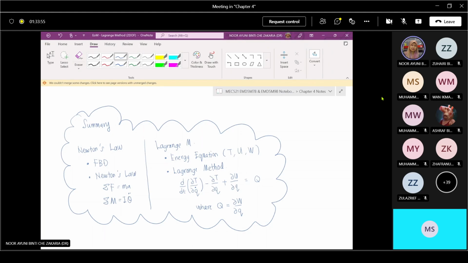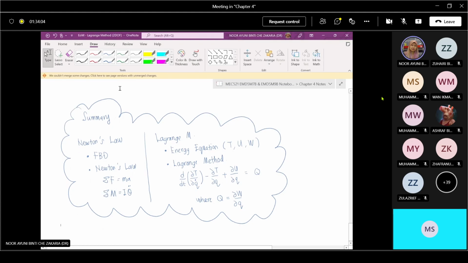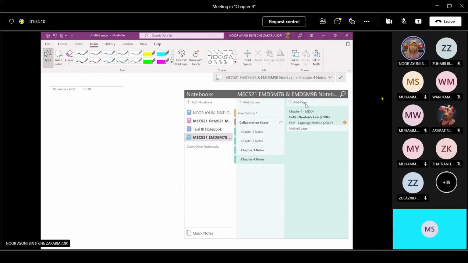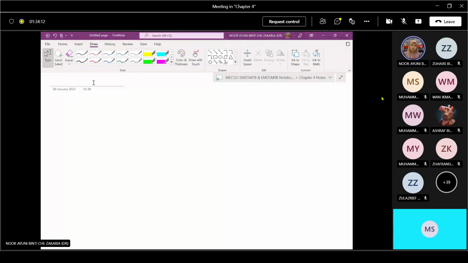Okay, so I put a new notes lah. Equation of motion in matrices.